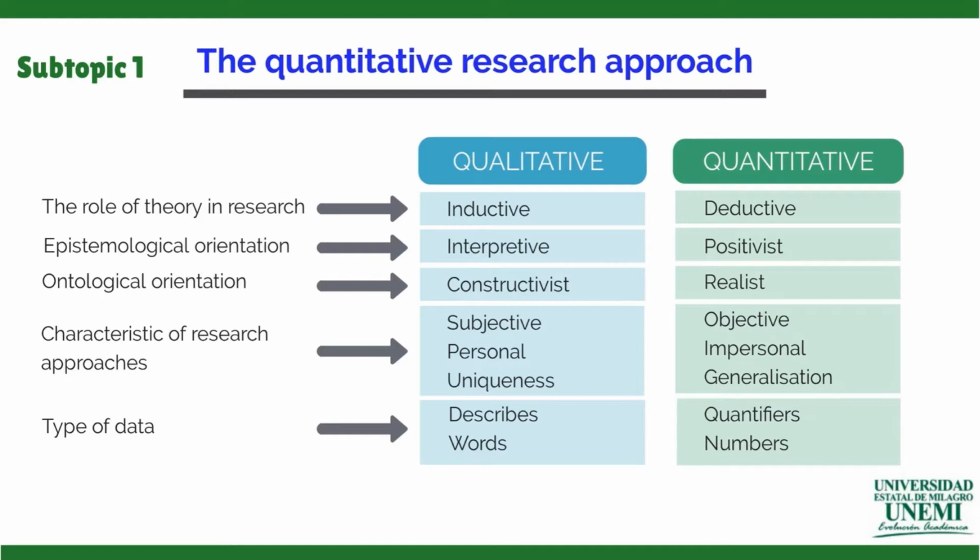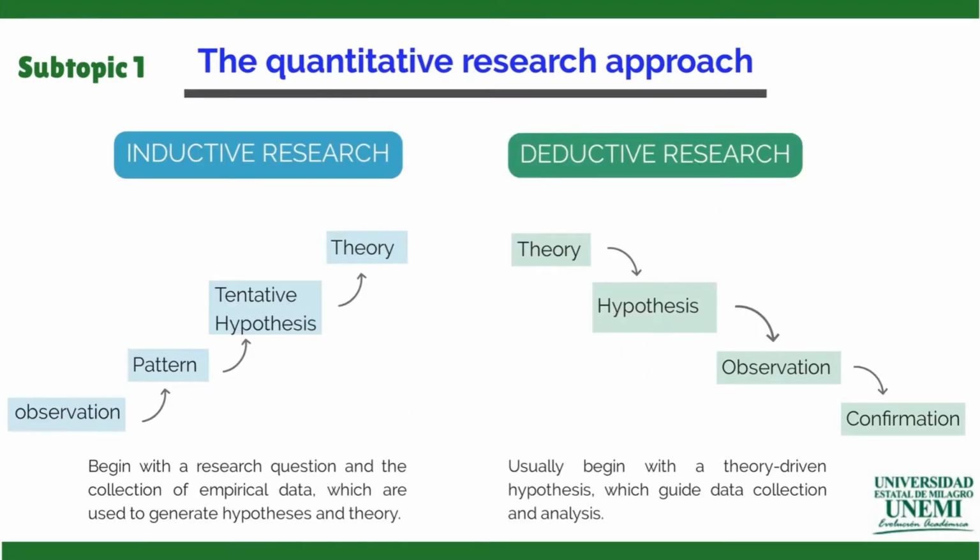Some of the characteristics of this quantitative approach are that it's more objective and impersonal and provides generalization for further studies, and the type of data can be quantified using numbers. This graph shows you how inductive research differs from deductive research using quantitative research.